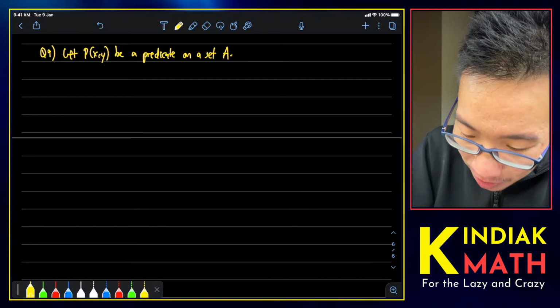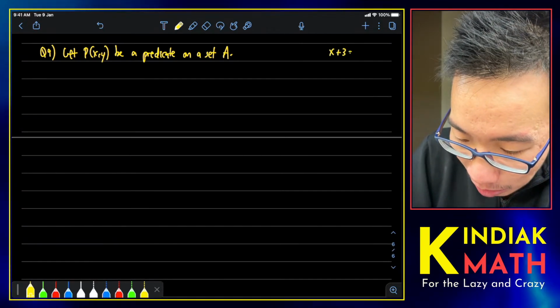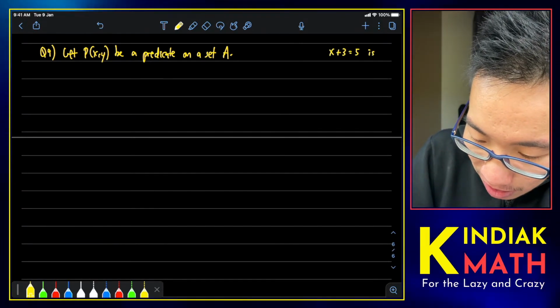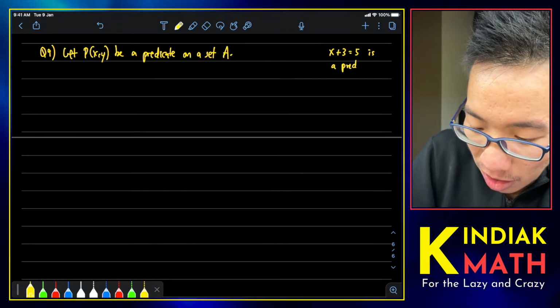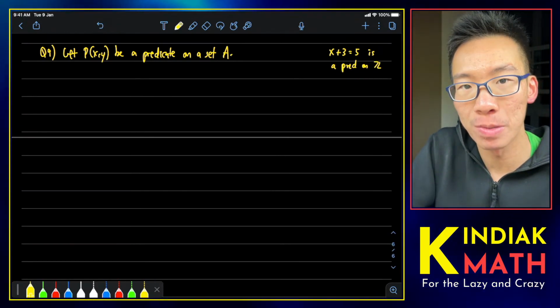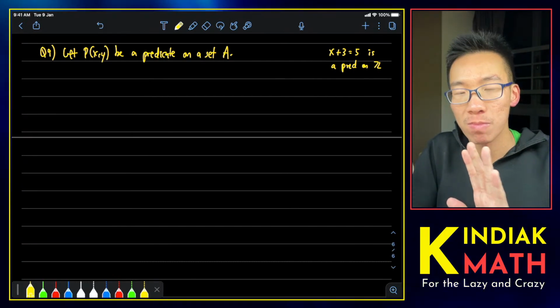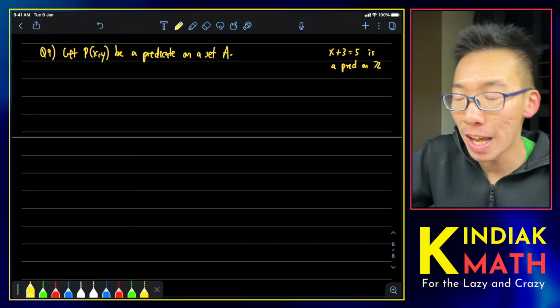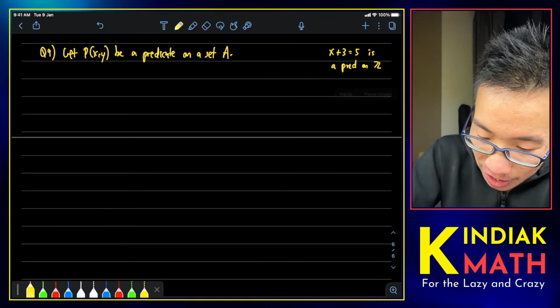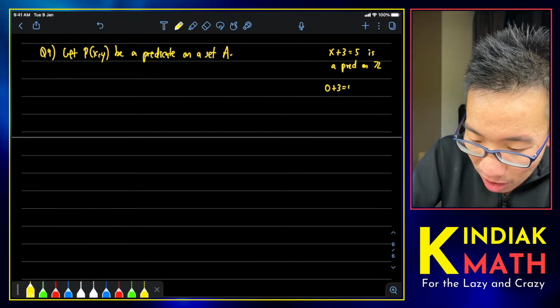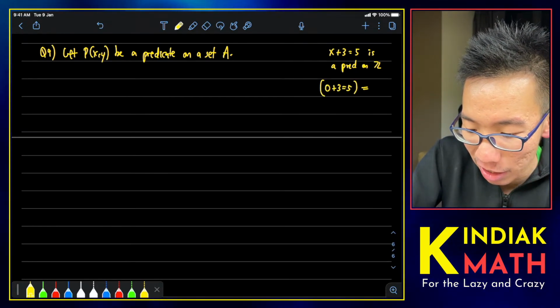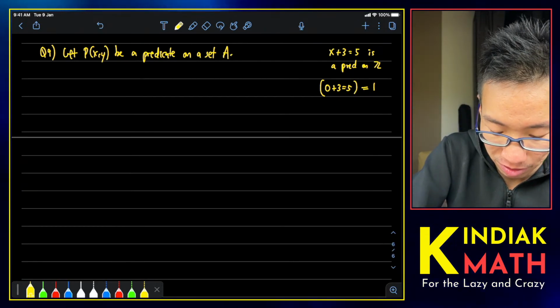So for example, x plus 3 equals 5 is a predicate on, for example, the integers Z. Could be other things, but Z. So if you plug in an integer, say 0, you're gonna get a false response.